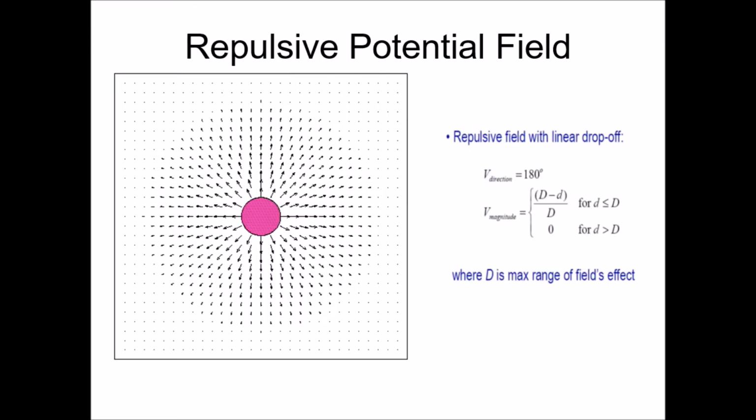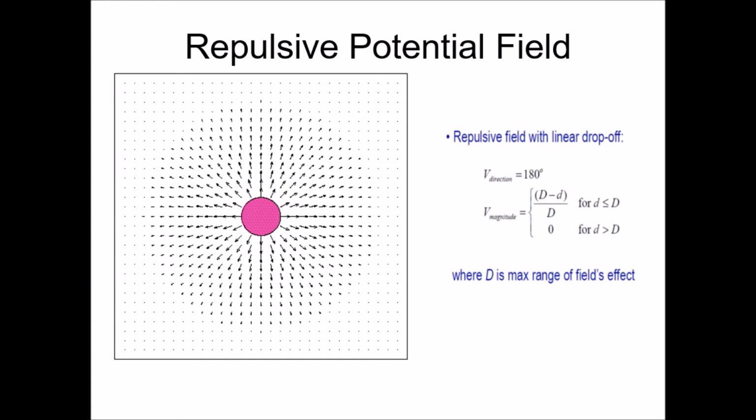In contrast, the repulsive can be calculated based on this particular equation. Usually if we use a laser rangefinder, we can get the angle information. So what we need to do is define the magnitude. Basically this magnitude is (D minus d) over D. The capital D is the maximum capability of the sensor.